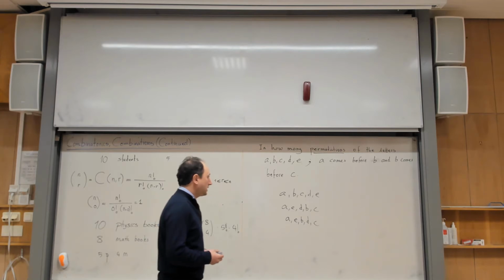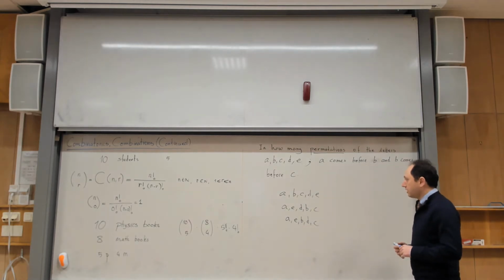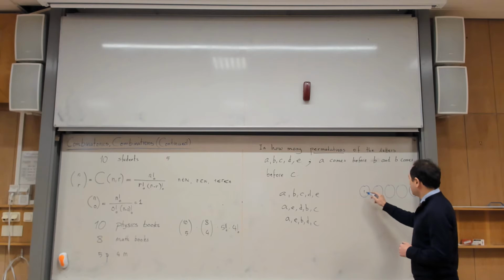I was thinking you can do it like this. If I want to arrange all these letters, I need 5 positions, yes? 1, 2, 3, 4, 5. So in principle they are numbered because they are distinct.